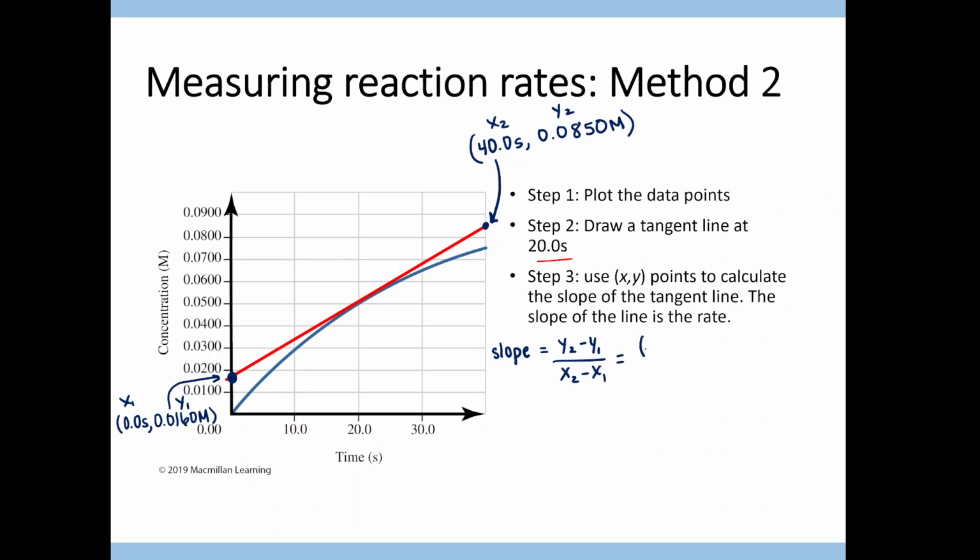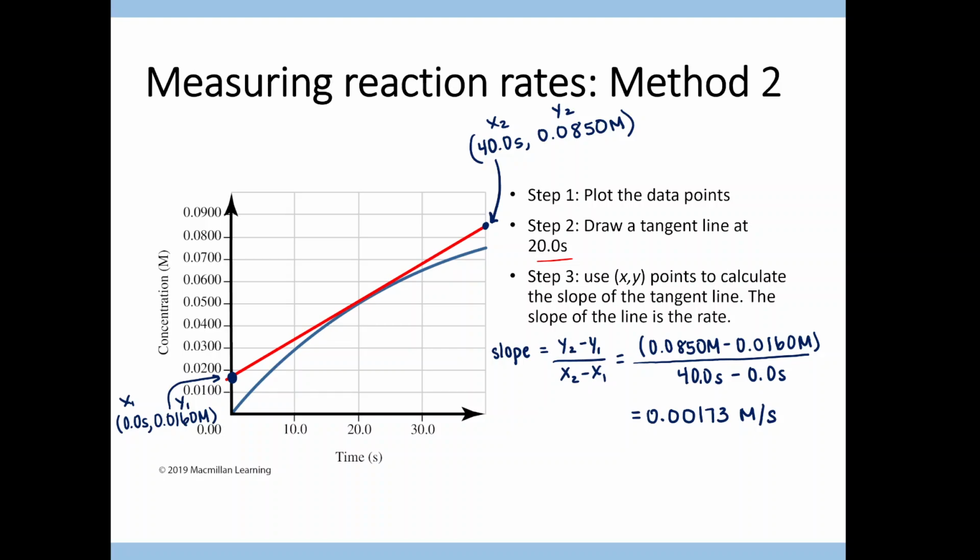So plugging values into this equation, we have 0.0850 molar minus 0.0160 molar divided by 40 seconds minus 0 seconds. So the slope of the line here is 0.00173 molarity per second. So this is the instantaneous rate at 20 seconds for this reaction.